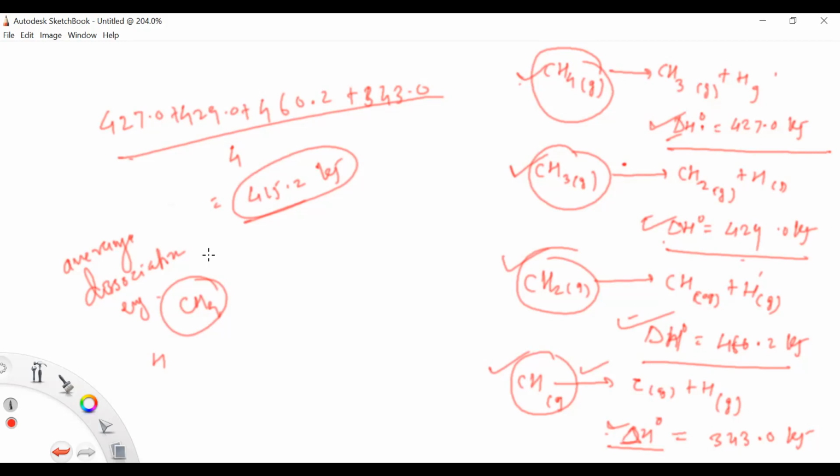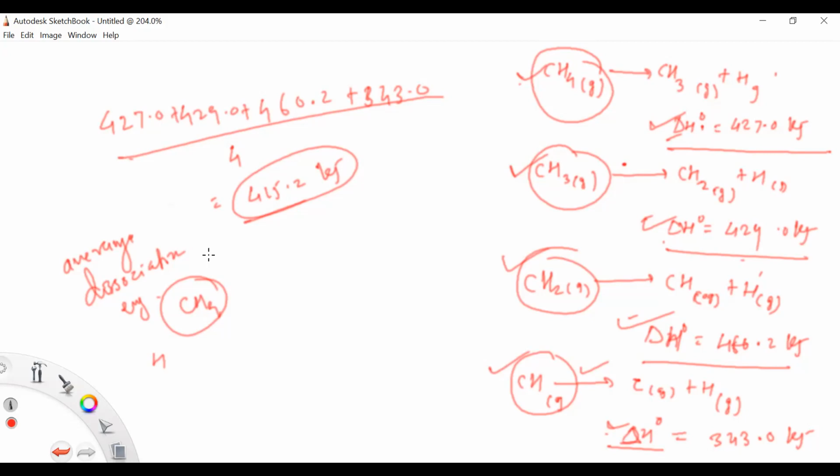So now calculation of bond energy. आता आपण अशा पद्धतीनेच बॉन्ड एनर्जी सुद्धा कॅल्क्युलेट करू शकतोय for this molecule. So the calculation of bond energy of each of the 4 carbon hydrogen bonds of a methane molecule.